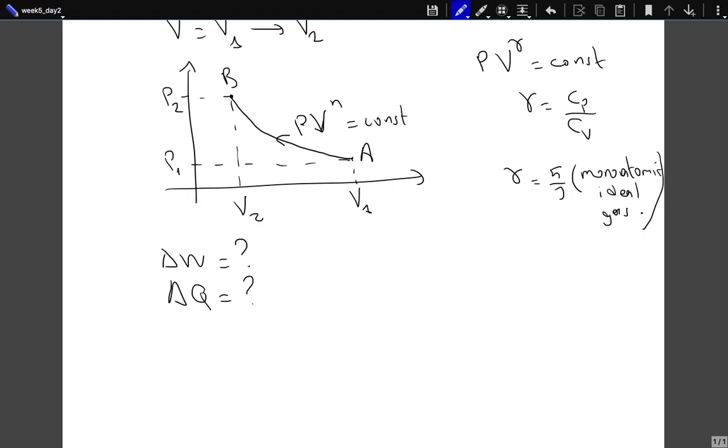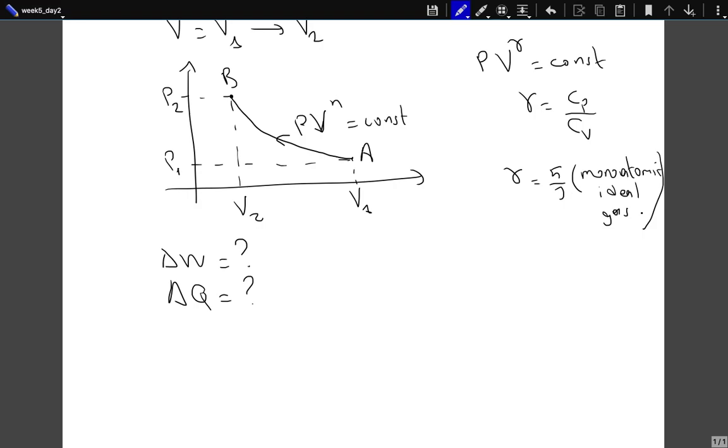For an adiabatic process, what is delta Q? 0. Delta Q is 0 anyway. So this is an arbitrary process, but it is such a process that during the process, PV to the n, being some number, is constant. If in that process n is equal to 1, it's an isothermal process.